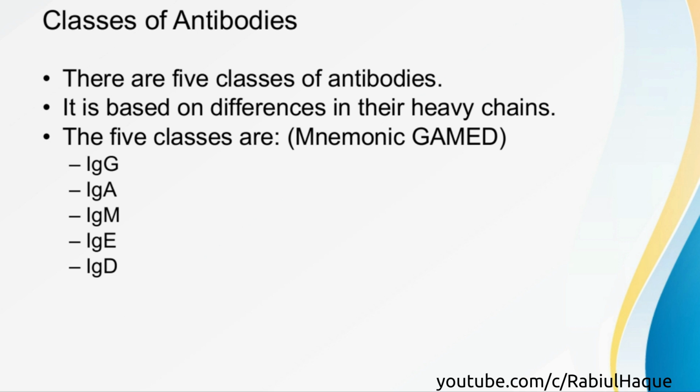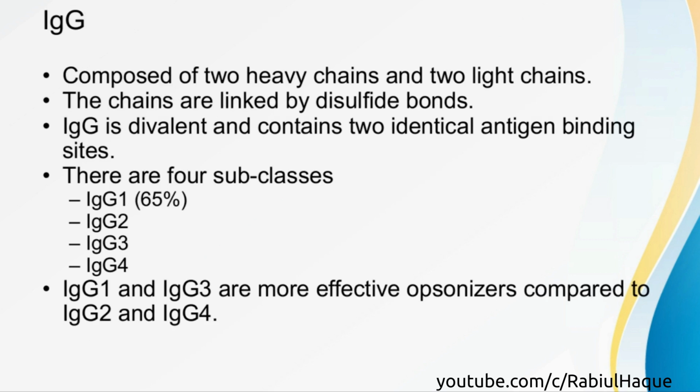So the 5 classes of antibodies are immunoglobulin G, A, M, E, and D, and we can remember them by using this mnemonic GAINED.